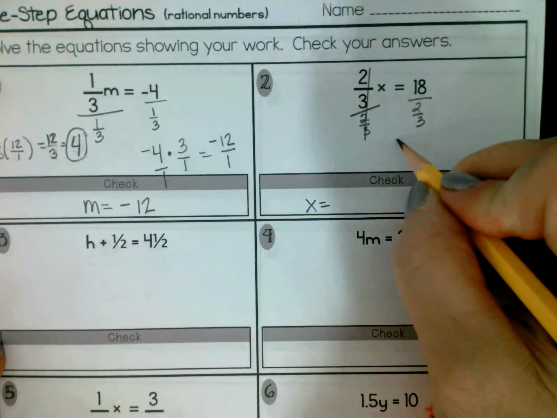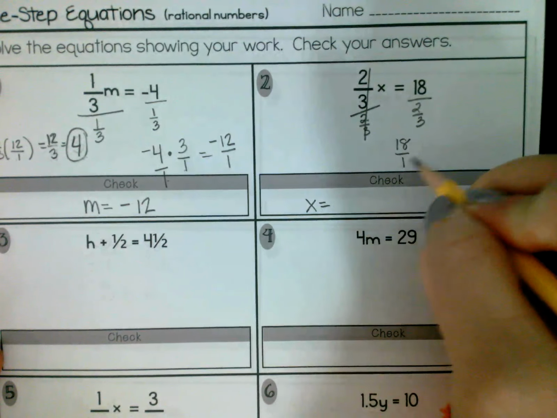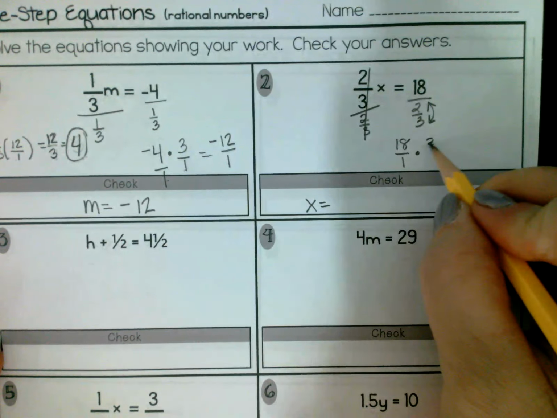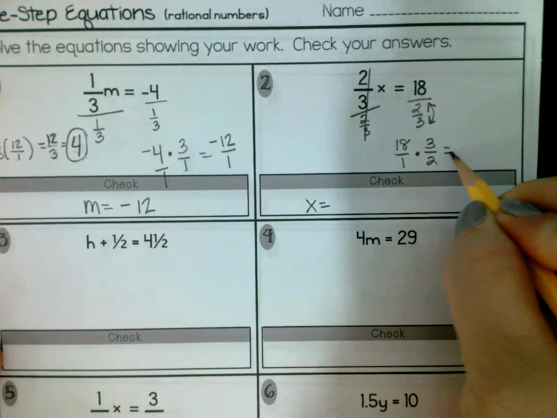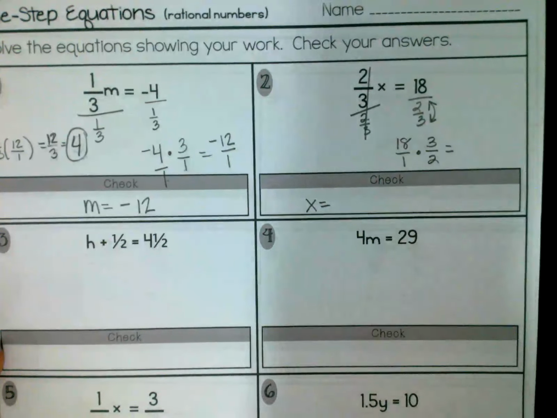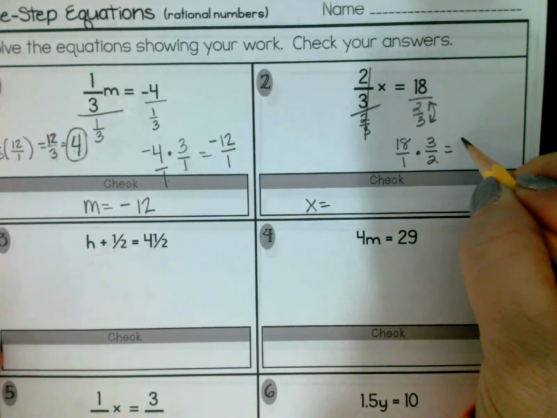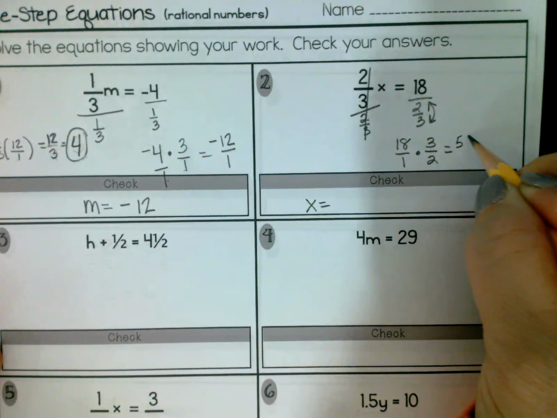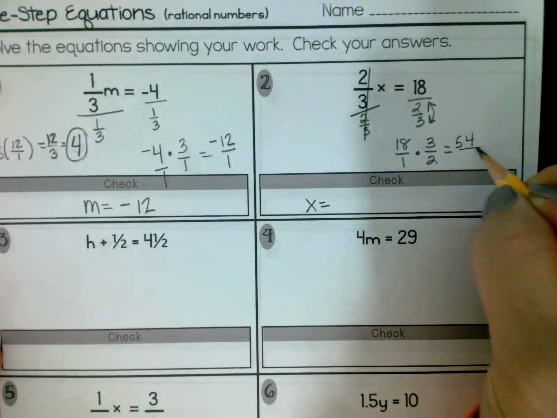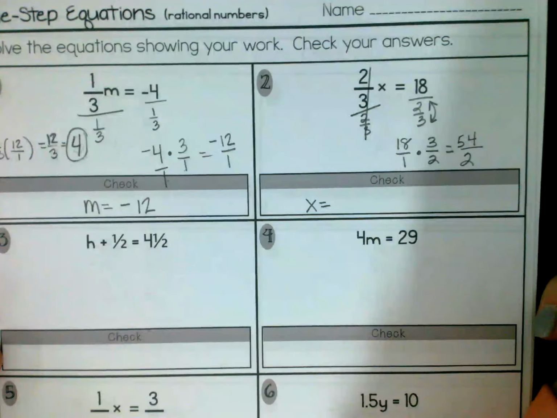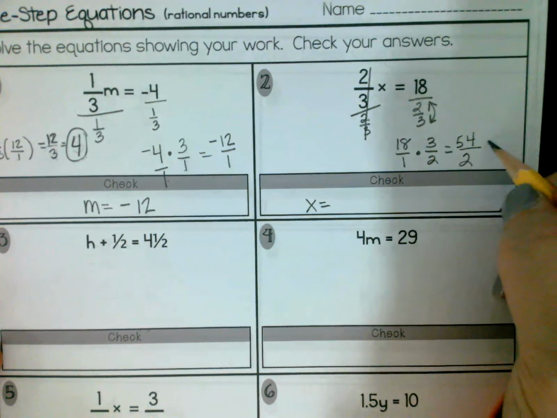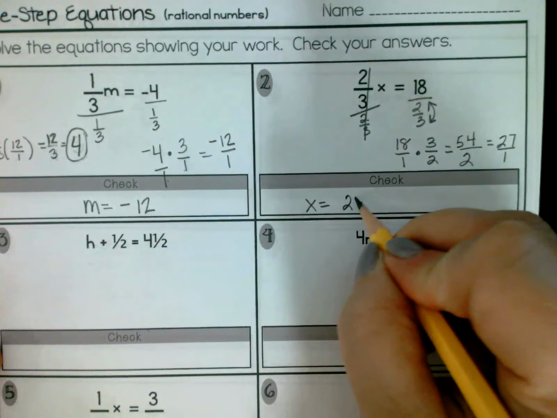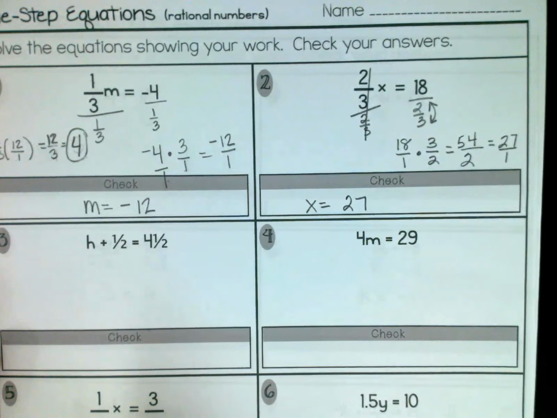This means I really will have 18/1 times the reciprocal, so I'm going to flip it upside down, 3/2. Top times top, that is 54, bottom is 2. Reduce, that would equal 27/1, or 27.